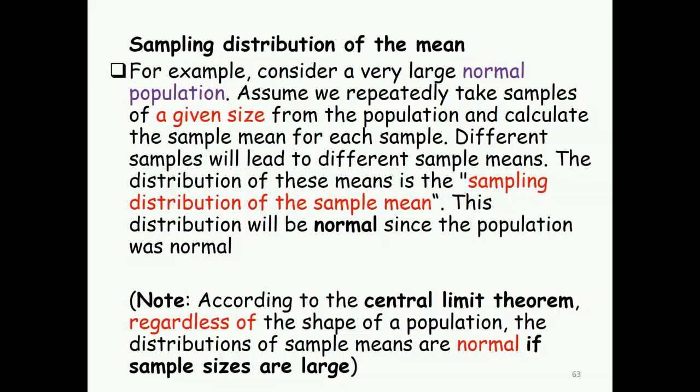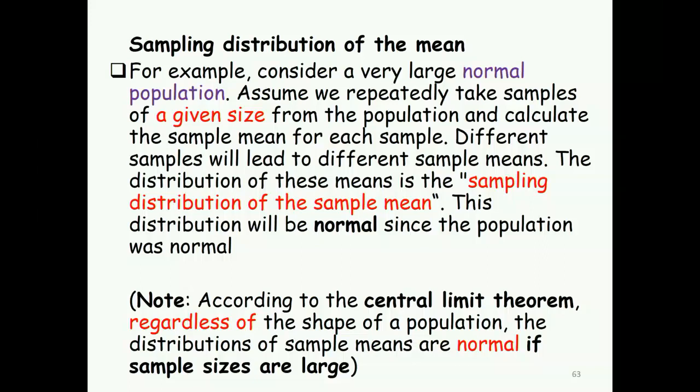The mean height here, here, and here is different. But the distribution of these means is the sampling distribution of the sample mean. I have a mean of 5, mean of 7, mean of 4, mean of 2, mean of 10. I could distribute them.